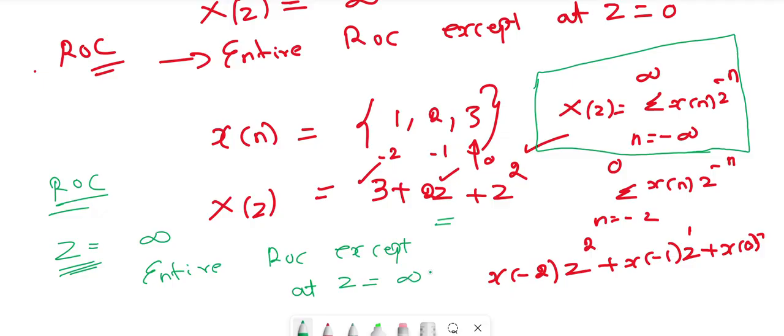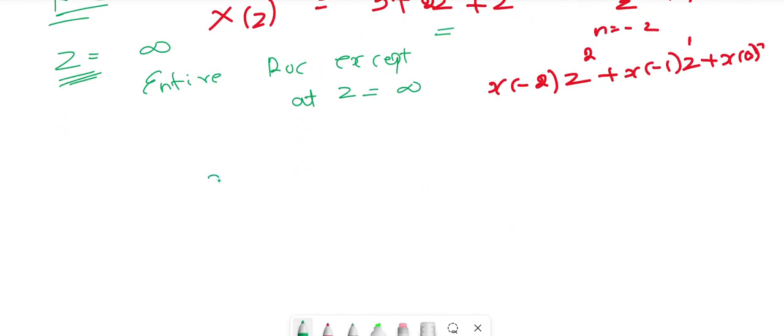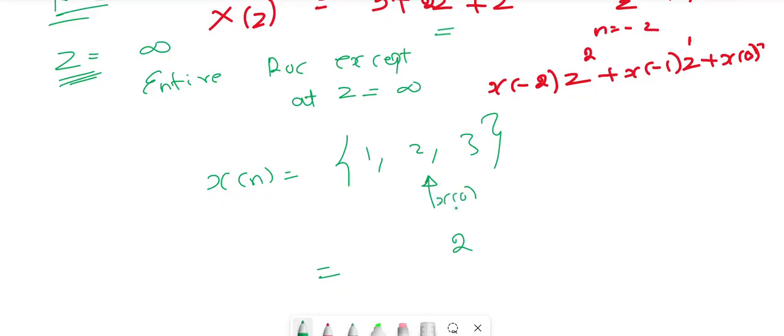Now the third example: x[n] = 1, 2, 3, where this is the 0th position, this is x[-1] and this is x[+1]. So you can write X(z) as 2 plus the right side term 3 z inverse plus the left side term z. Now in this case, how do you define the ROC?